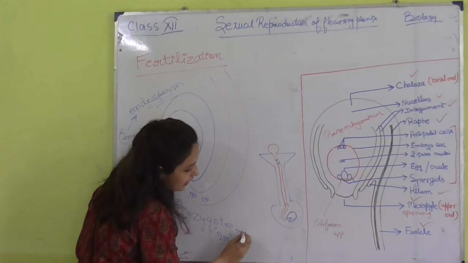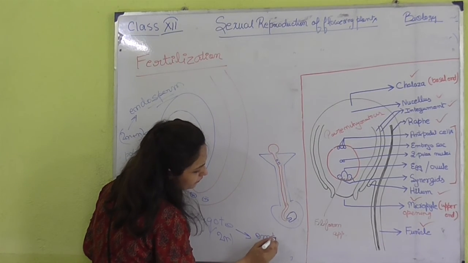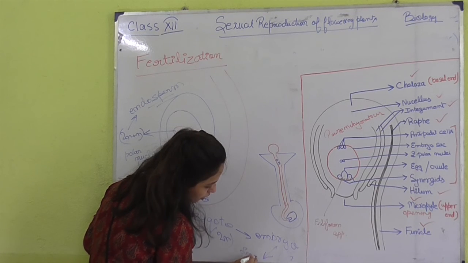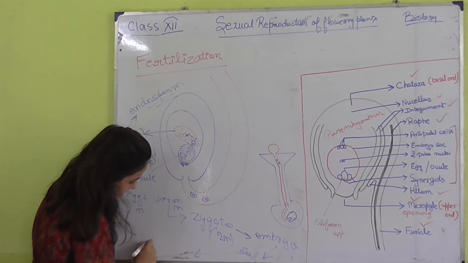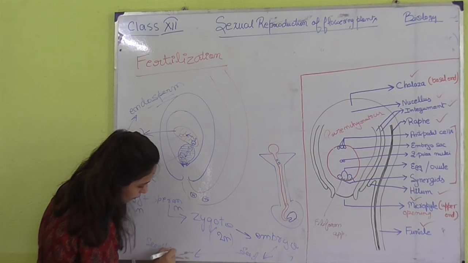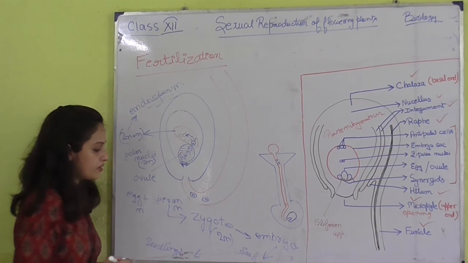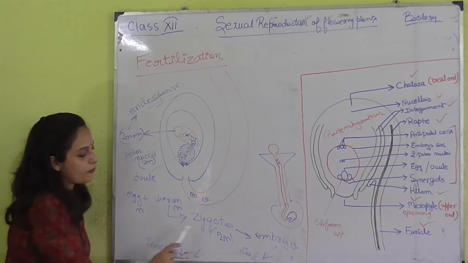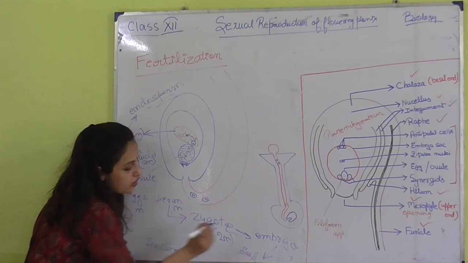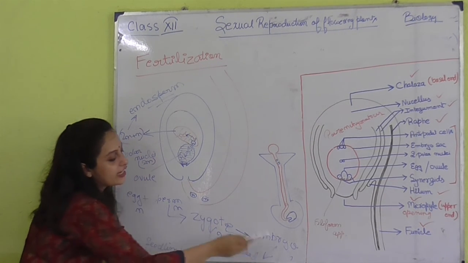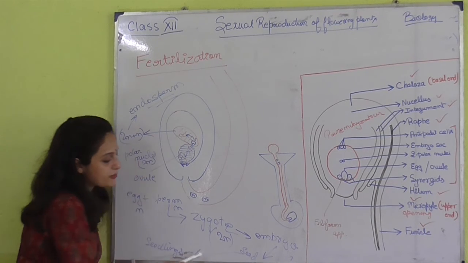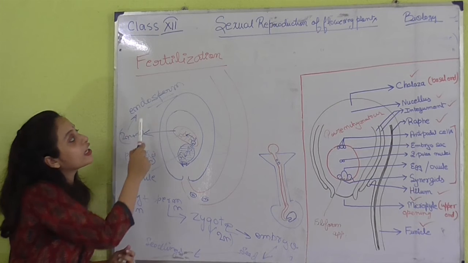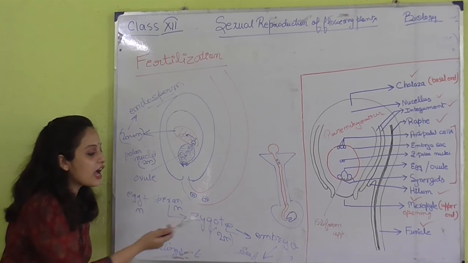This zygote will later form the embryo, and this embryo will later form the seed. From the seed, seedlings, that is the baby plants, are formed. So again, the egg and sperm are united, forming the zygote, which later forms the embryo, then the seed, and the endosperm nourishes the growing embryo.